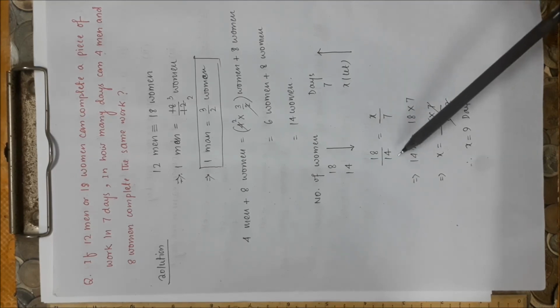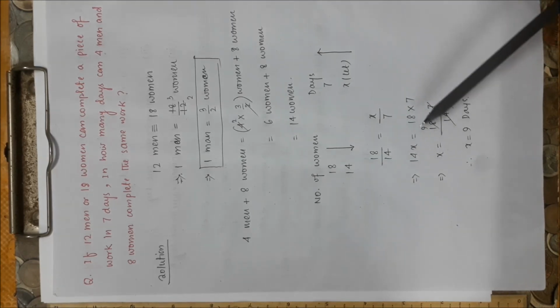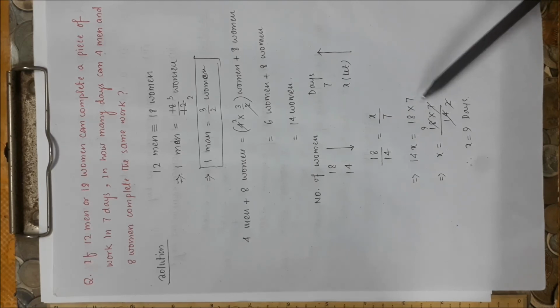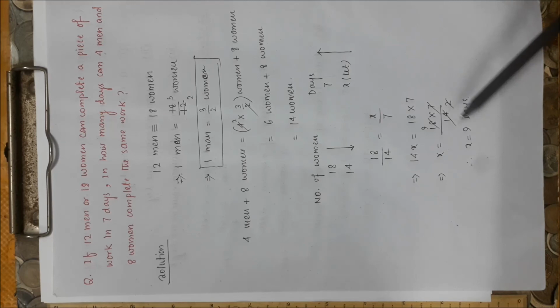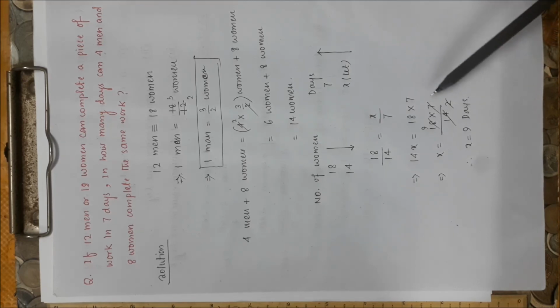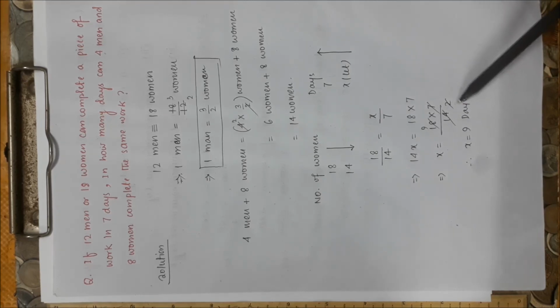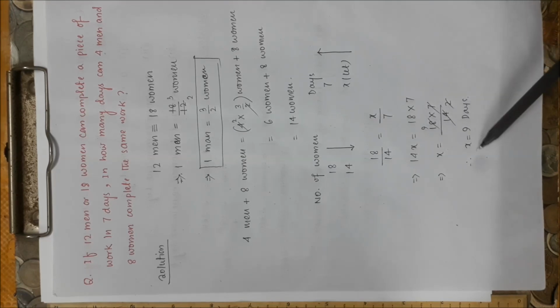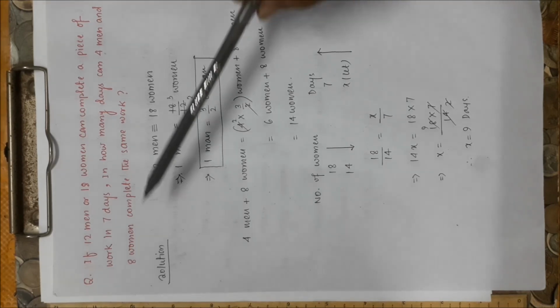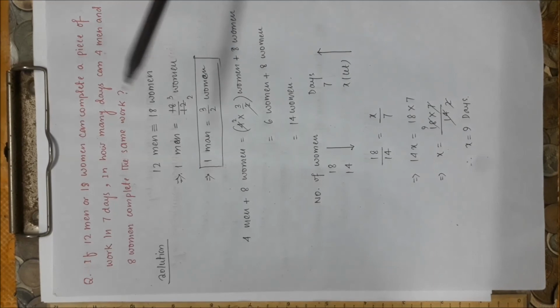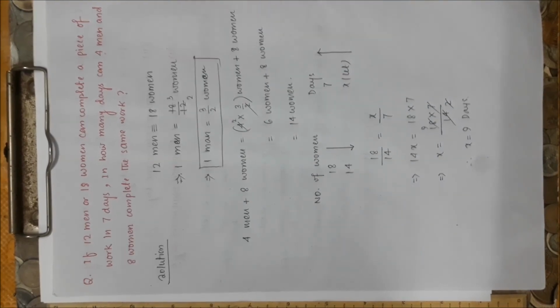If you cross multiply, you will get 14x equals 18 into 7. Therefore, x equals 18 into 7 by 14. So 7 ones are 7, 7 twos are 14, 2 ones are 2, 2 nines are 18. Therefore, x equals 9 days. That means 14 women will require 9 days. Or we can say 4 men and 8 women require 9 days to complete the work.